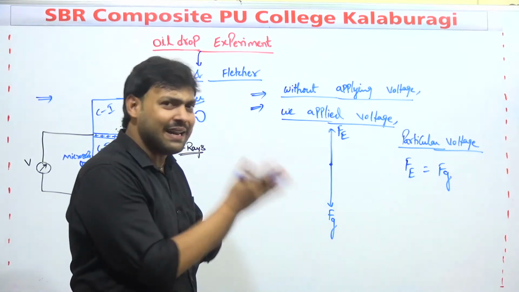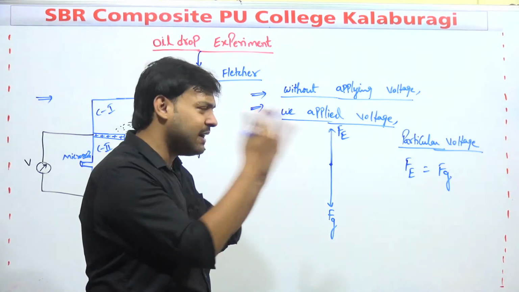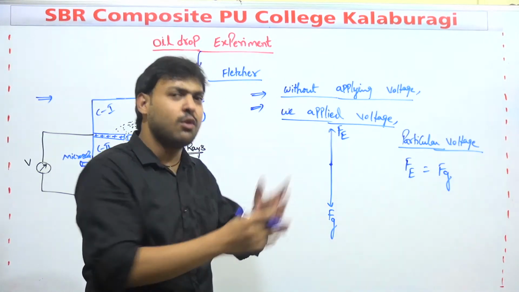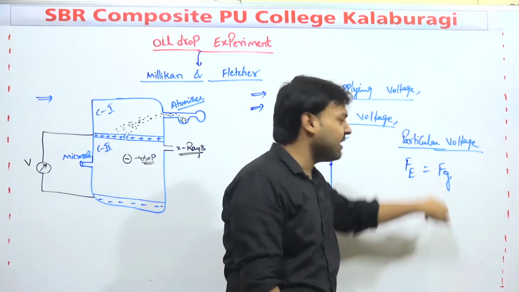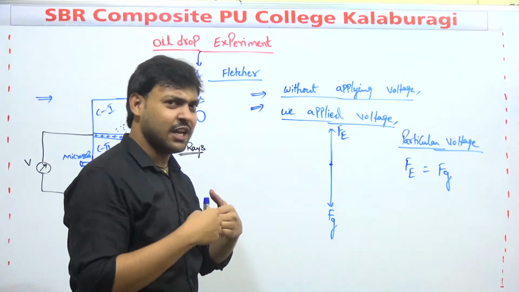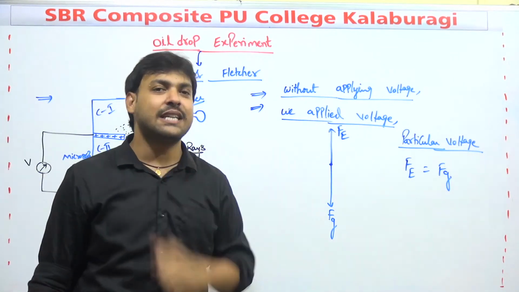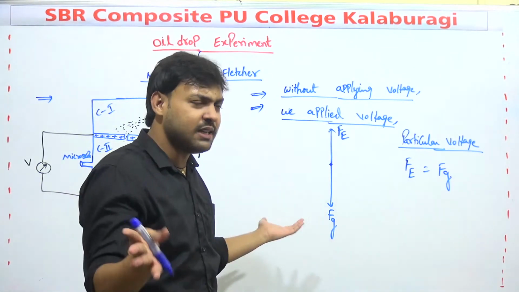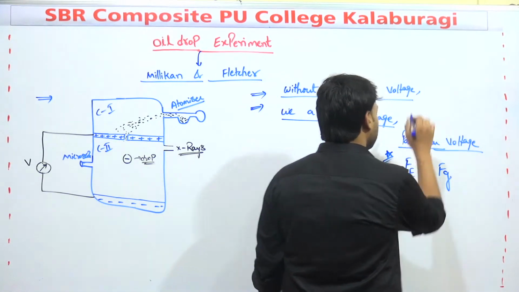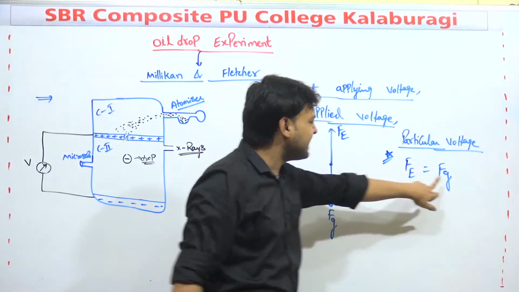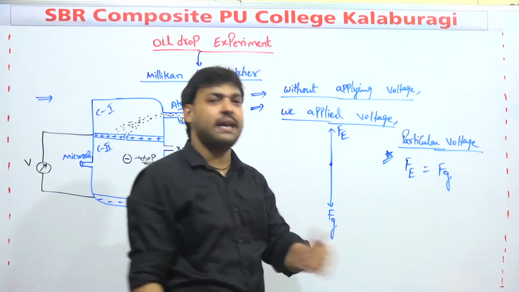So in a sense they balance. If they balance, the drop might be at rest or it can move with terminal velocity. The point is important. Forces being equal means the body can be at rest or move with constant speed. Both possibilities are there. We'll see later. So now, electric force and gravitational force will be the same.